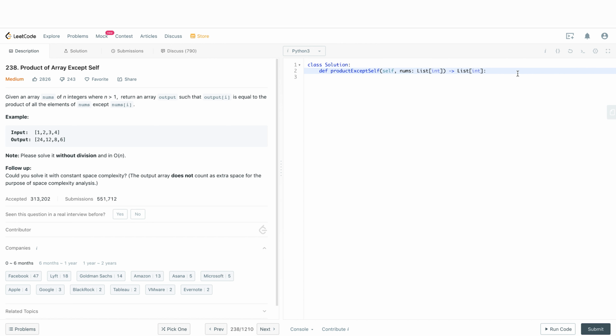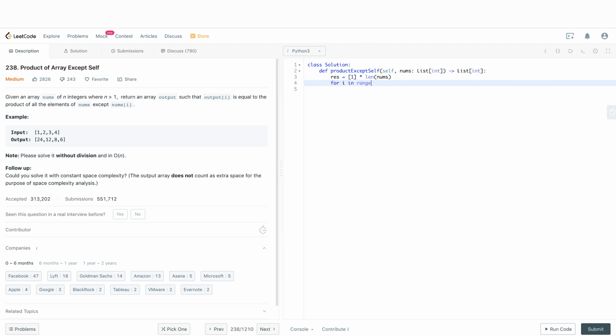All right, so like I said before, you want to initialize the output array, which I call result or res, times length of nums. So it's the same size. And then what we want to do is construct the left array. We use the output array and make that into the left array.